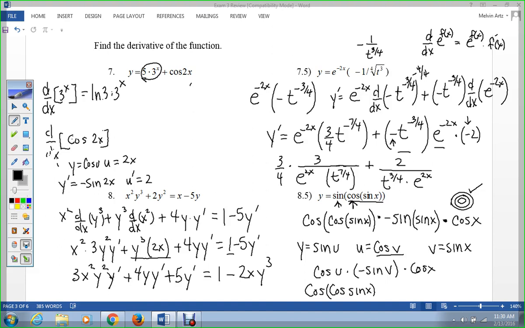So you can see this is matching up to what we have above. Then we'd have negative sine v is the sine of x, and then lastly we have times our cosine of x. So either technique you want to use works just fine. You get the exact same answer.